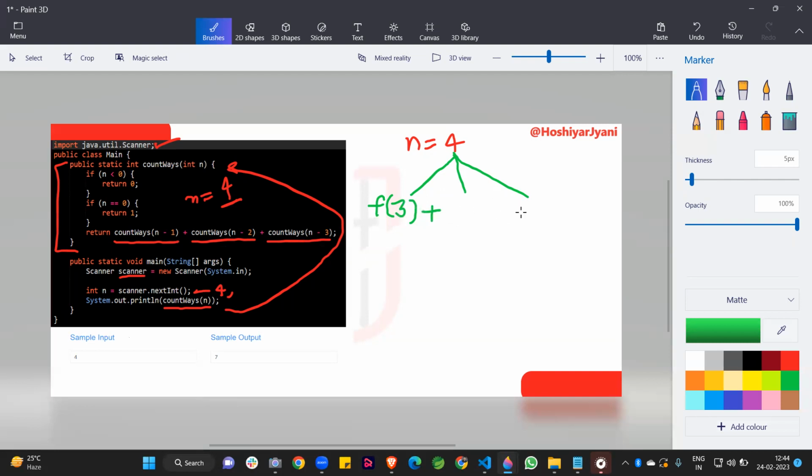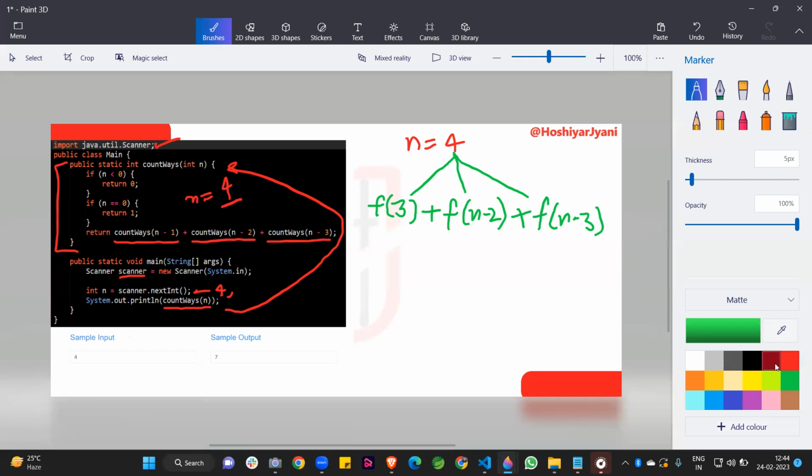Then after that we can come to these two methods. So I am writing simply as given: f of n minus 2, and after that, one more method, f of n minus 3.